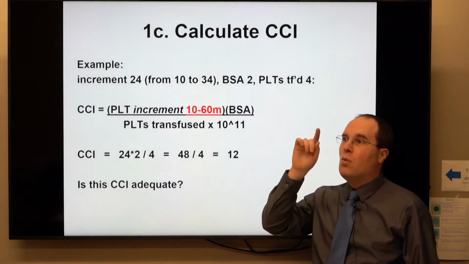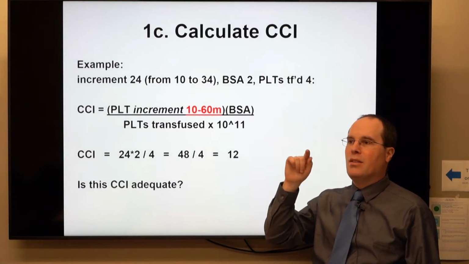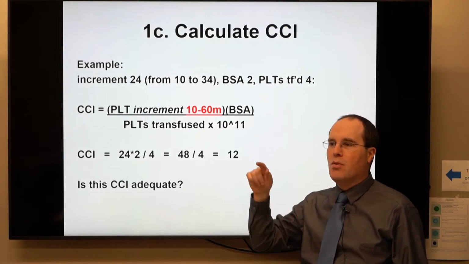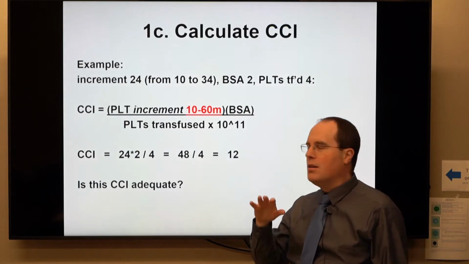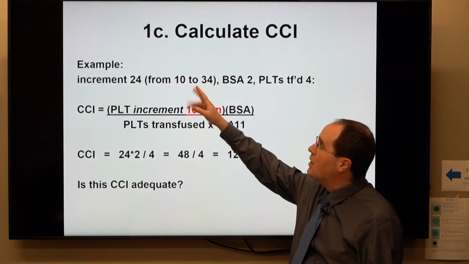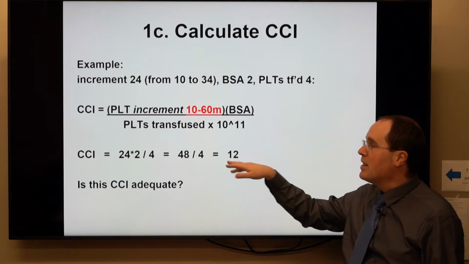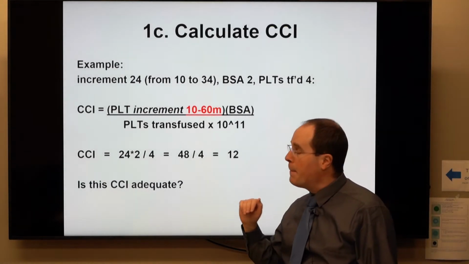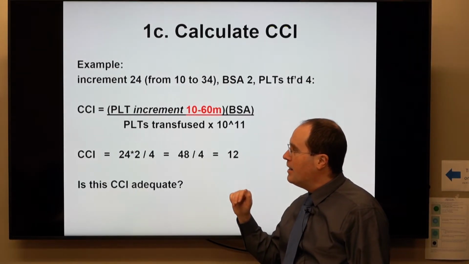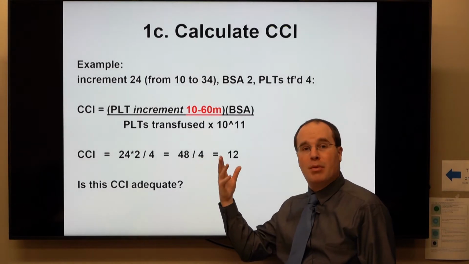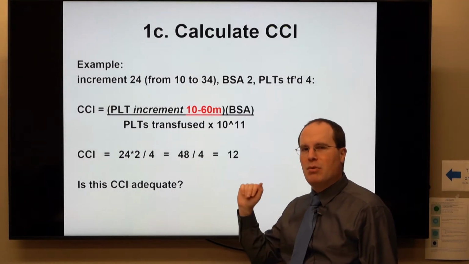So 1.5 over 3 to 2 over 4 is approximately half, right? So I just say half times the platelet increment. So in this case, that rough estimate would work out to be roughly the same. And I don't recommend that for, say, a proper exam question, but it's a rough estimate.